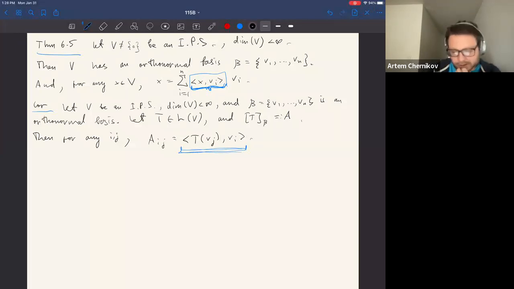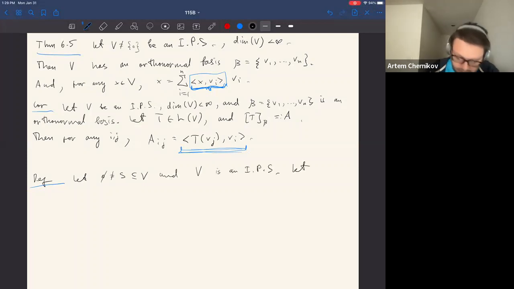Okay, so this is concerning existence of orthonormal bases. Next, let's talk about orthogonal complements. So this is a related important notion, definition, a special kind of subspaces. So assume we have S, a subset of V, which we assume to be non-empty also, okay? And assume V is an inner product space, all right?